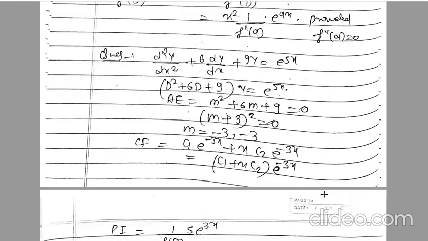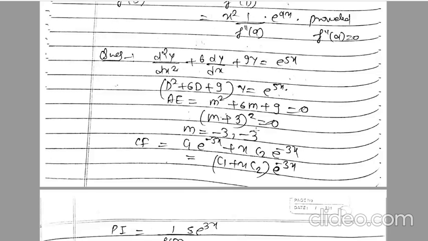Now there is an example here. d2y upon dx2 plus 6 dy upon dx plus 9y is equal to e to the power 5x. So (D square plus 6D plus 9) of y is equal to e to the power 5x. First you will calculate your CF, then you will calculate the particular integral.